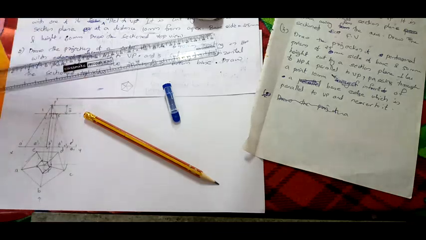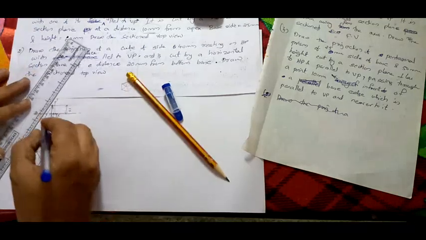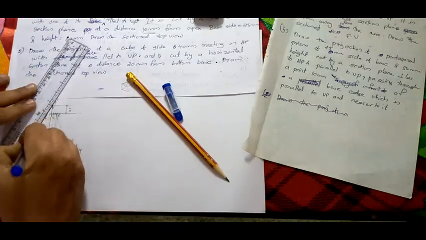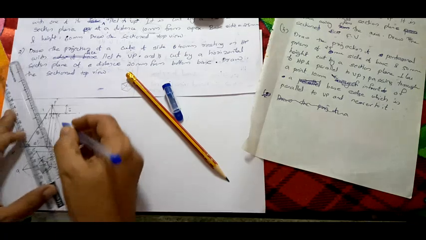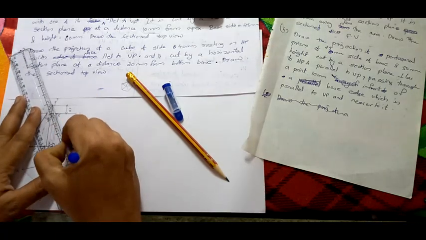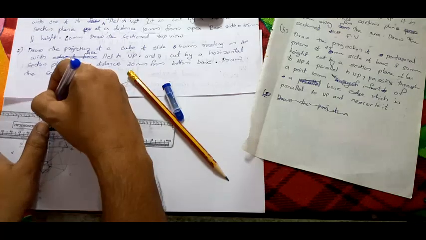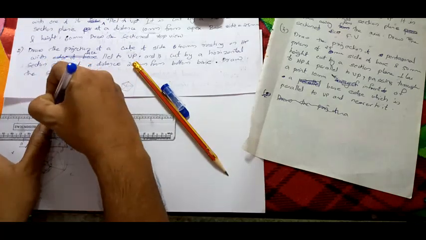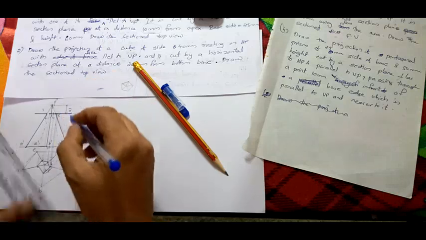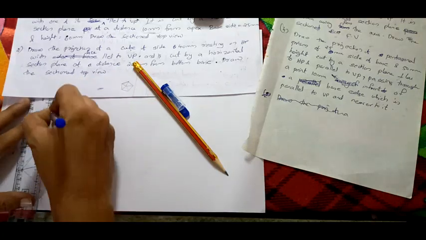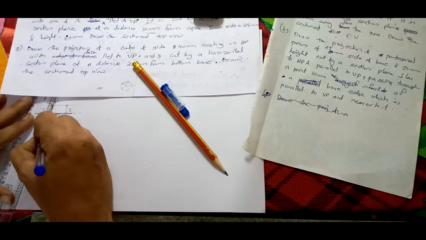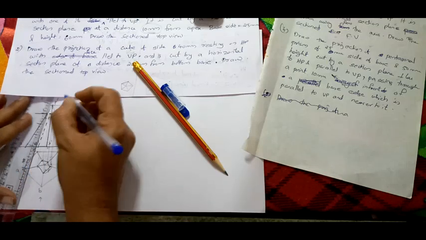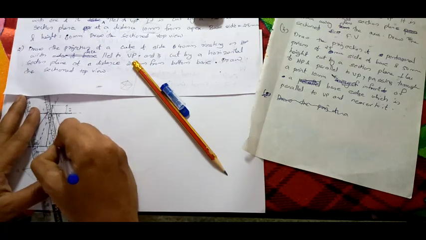So we are removing this portion. What I am going over by pen is actually the visible area. See, this will be dotted up to this point only. This will be dotted.